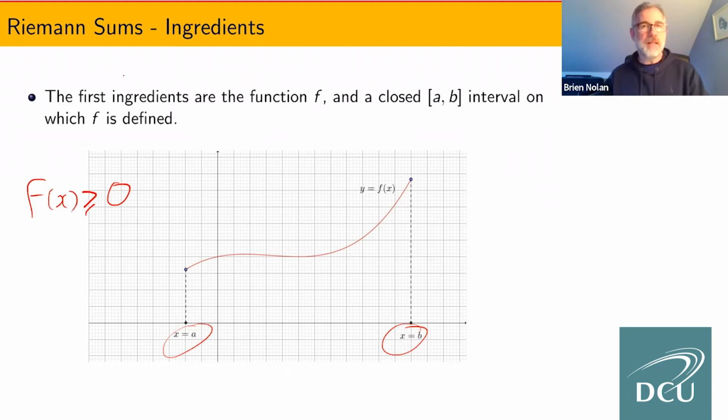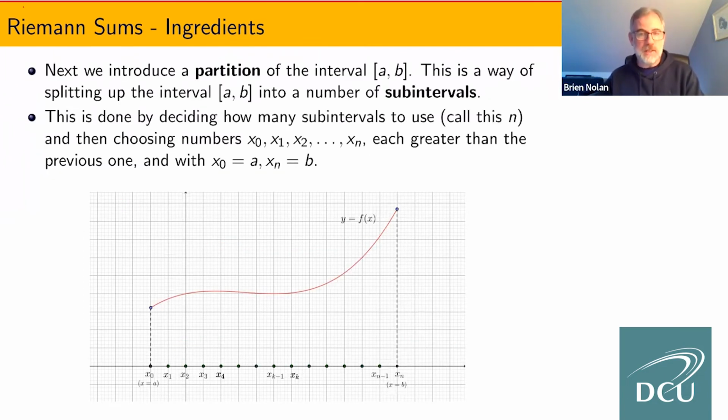The next step for building up a Riemann sum is basically to split up the interval [a, b] by using a sequence of points that we call a partition. And it's this partition that's going to tell us where to put the rectangles. So we introduce what's called a partition of the interval [a, b]. What that involves is taking the original interval and splitting it up into a number of subintervals.